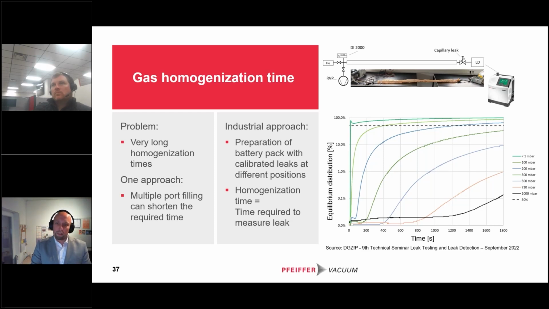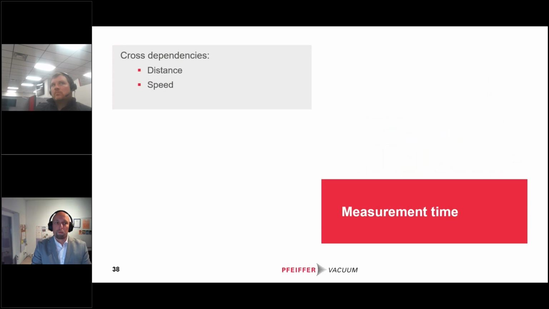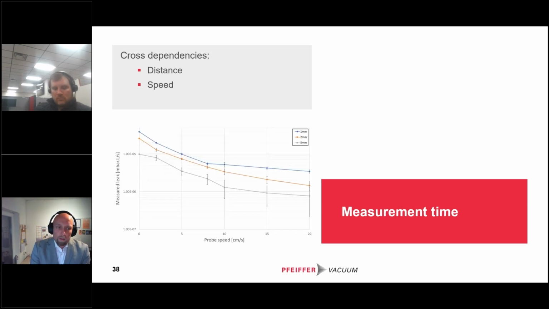So this is one part of the cycle time calculation of battery pack testing, but the other part is the movement of the sniffer probe. And here we have some cross dependencies between distance and speed. If we have a look at this graph, we did some experiments with a helium leak in the 10 to the minus 5 millibar liter per second range. We had a probe moving along this leak at different distances and different speeds.